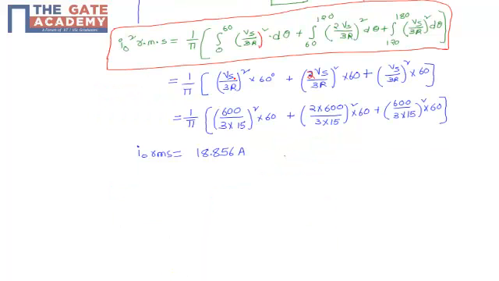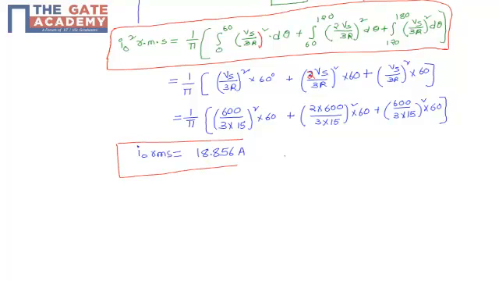Then substitute the values of supply voltage and resistor in this formula, 600 by 3 into 15. After solving this, we get the RMS load current, that is I0 RMS, equal to 18.85 ampere.